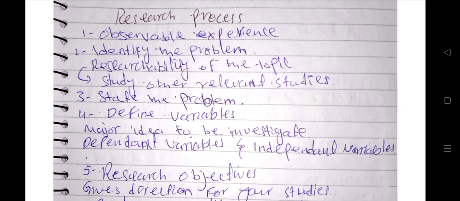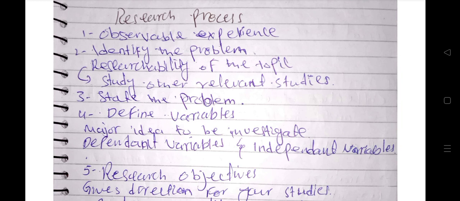And then the second step is to identify the problem. Yes, as I already discussed, research is conducted to solve a particular problem. So you have to identify that particular problem on which you are going to conduct your research. And it is the most important thing in research, to identify the problem. Once you have identified your problem, it feels like half of your research is done.